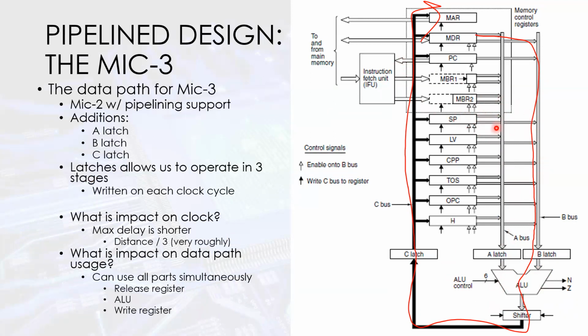We were just holding our initial input values while the result was computed and brought back up into a register, which was kind of pointless because we weren't utilizing that architecture. Now we're able to release registers, execute the ALU, and write back to the registers, all with three different instructions.